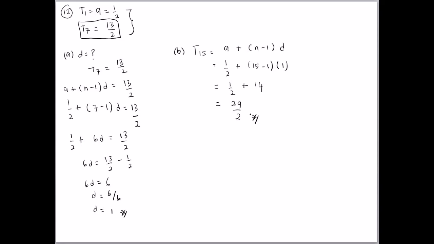Okay, and the last question from tutorial 25 is question 13. The first and fifth term of an arithmetic sequence are 4 and negative 4. So first term T1, or equal to a, is equal to 4.